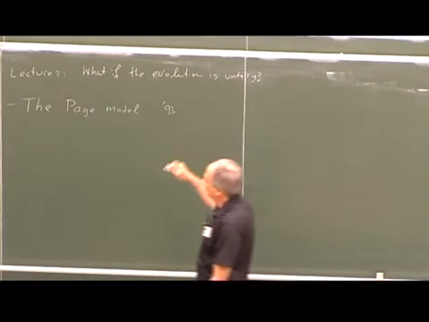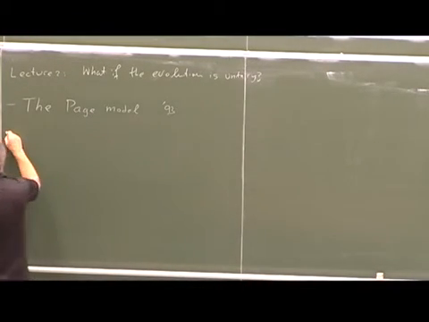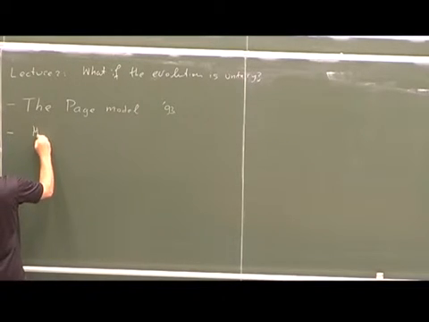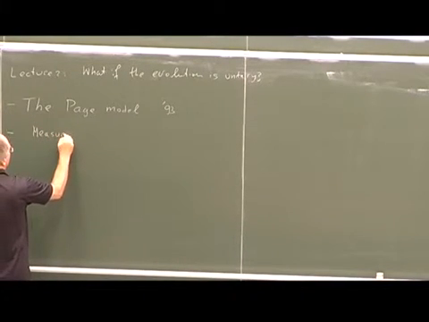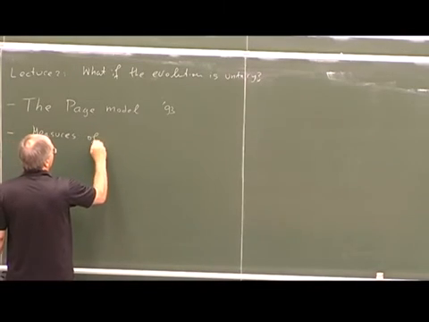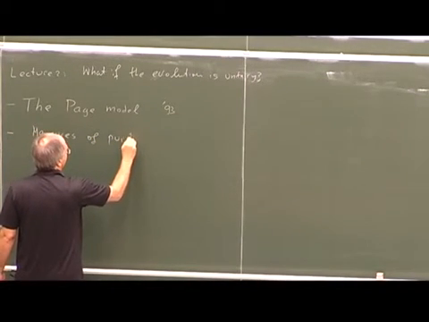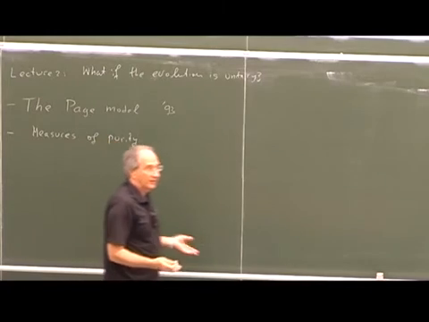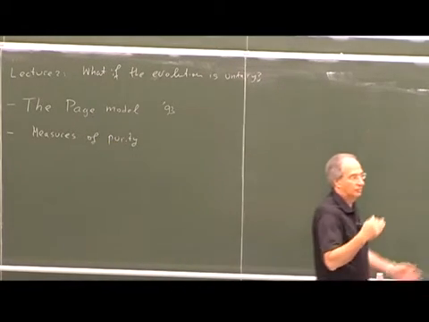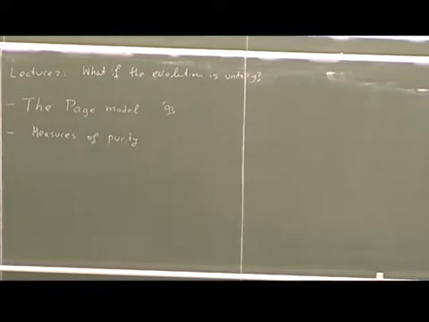Now, after a short description of what the Page model is, we will find out that we need to understand the nature of the would-be outgoing radiation, or the way that we model it, and we need to understand how to determine whether eventually the radiation purifies and unitarity is preserved.